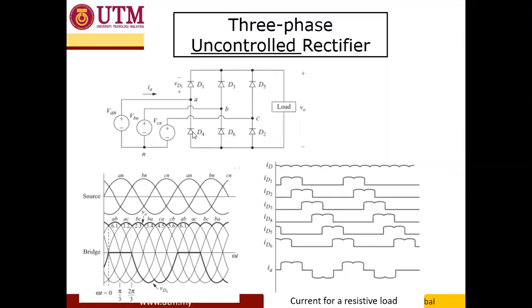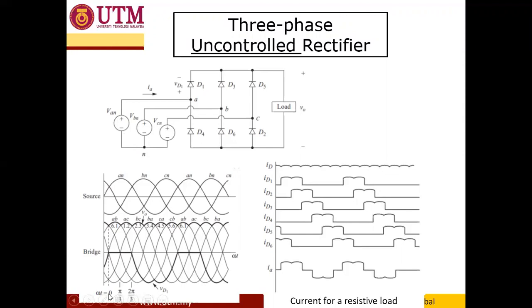So as you can see here, this is the voltage source, with magnitudes VAN, VBN, and VCN, where these are a balanced voltage source, and each source has a phasor difference of 120 degrees.